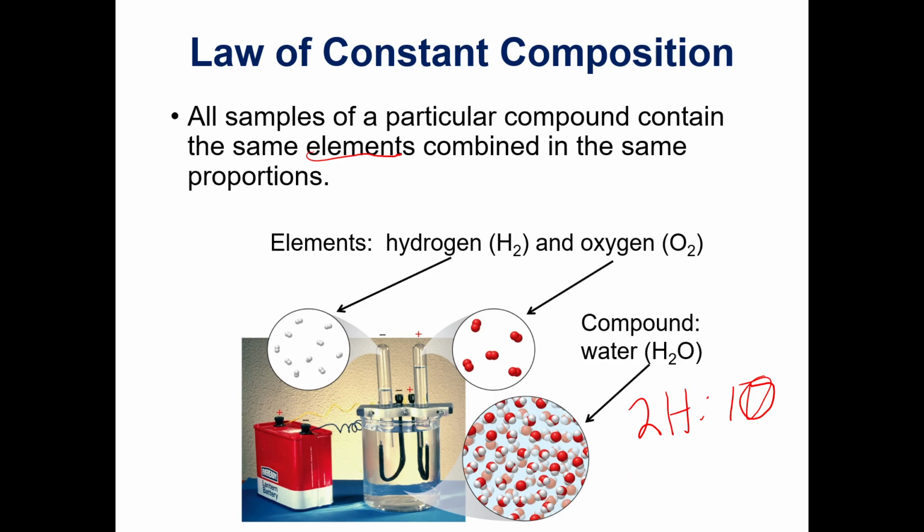Or if we take something like ammonia, it will always have 1 nitrogen for every 3 hydrogens. So you will never find a molecule of water that has a different number of hydrogens or a different number of oxygens. It will always be in a ratio of 2 to 1.